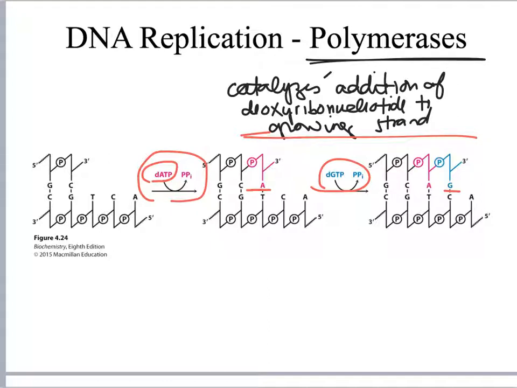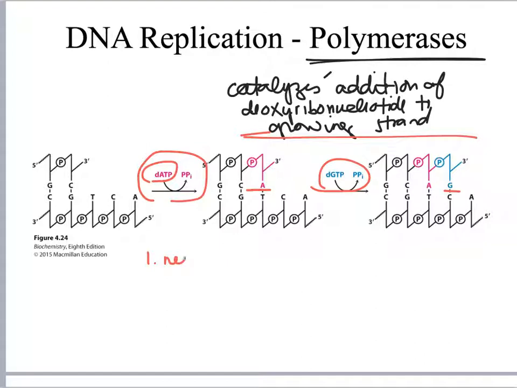But the requirements for this, there are really 4 different requirements as we're moving through. First of all, you have to have the 4 deoxynucleoside triphosphates present, and the enzyme is going to require magnesium in order for this process to occur.